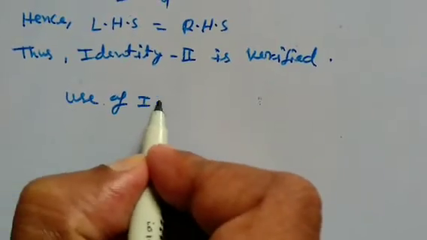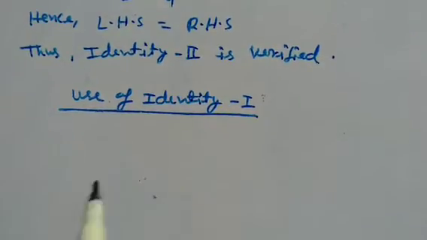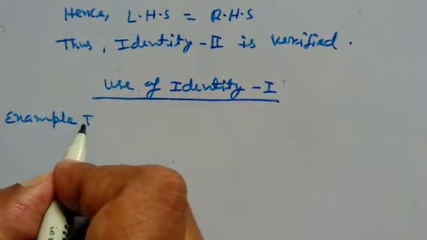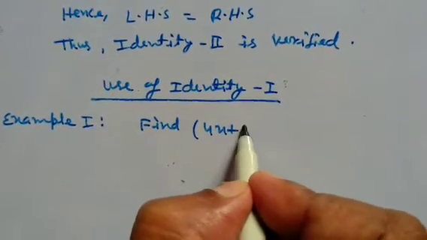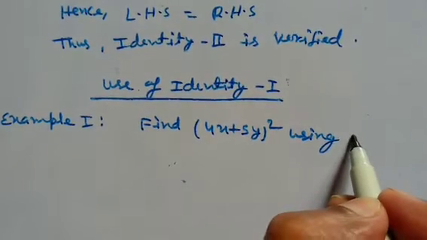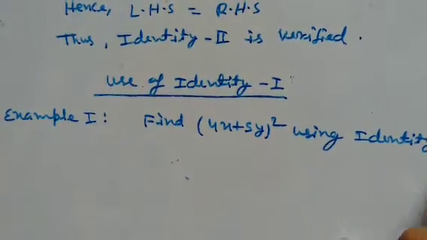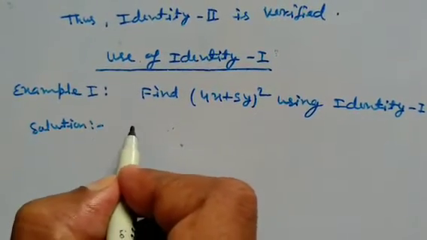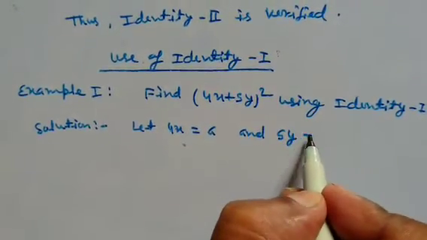Use of identity 1. Example 1. Find (4x plus 5y) whole square using identity 1. Solution. Let 4x is equal to a and 5y is equal to b.